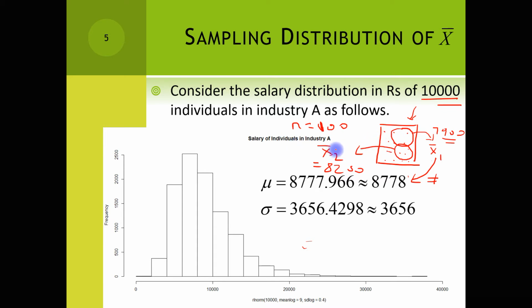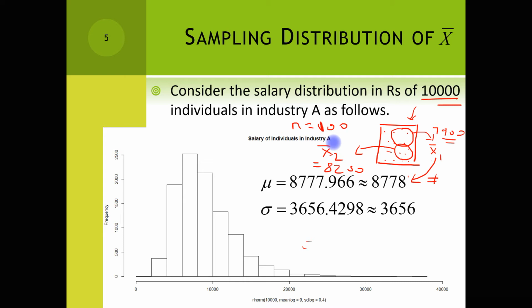Now, this is a hypothetical case. You are not going to take different samples in practice. In practice, you will take only one sample. But we want to illustrate a concept here that will be helpful for inference later on. So try to understand the concept. Hypothetically, you could have had several samples if you think about it well.